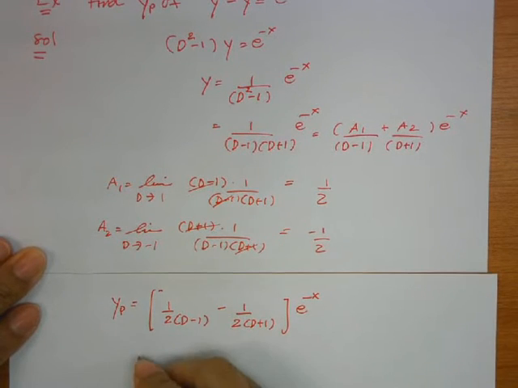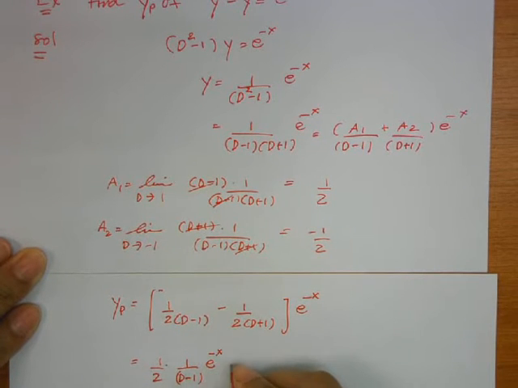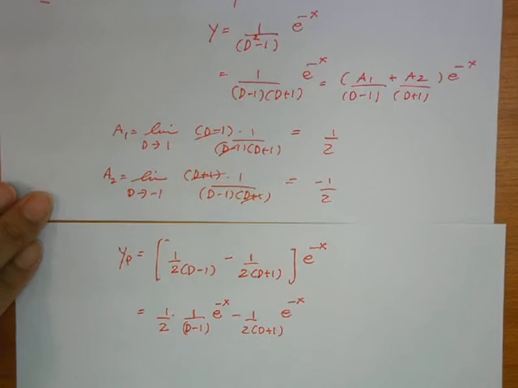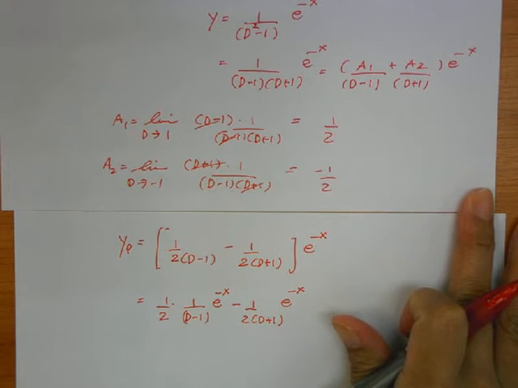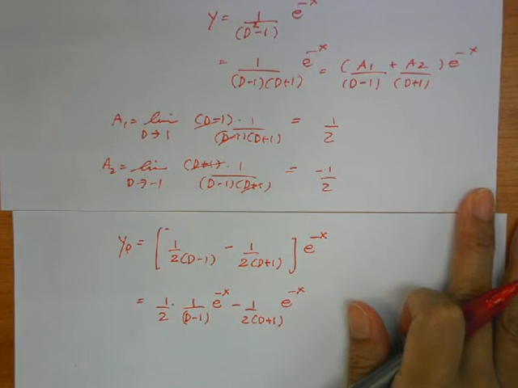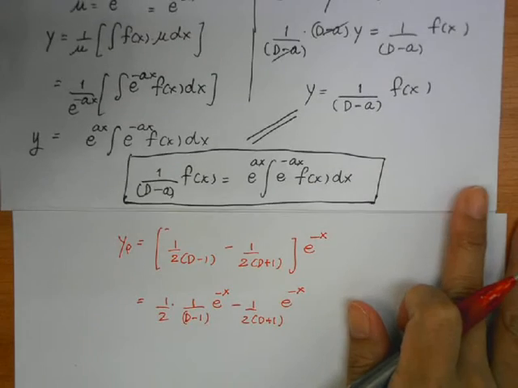So we do the distribution, and we would get, now you put the definition of 1 over D minus a there, each of them.